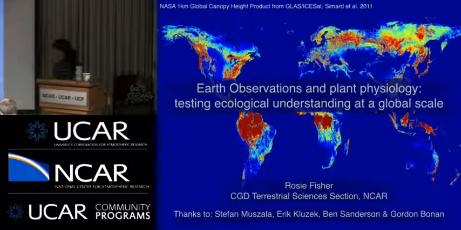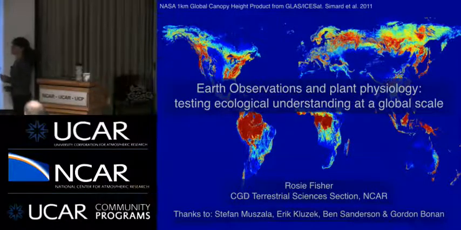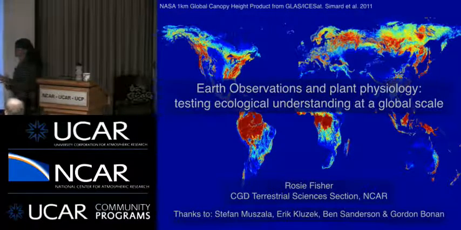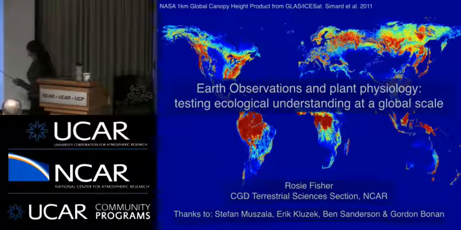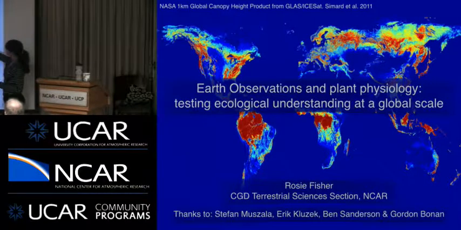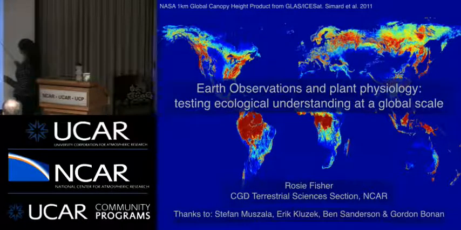First of all, I put this figure up because it doesn't have any part to play in the science that I'm going to show you, but I think it's very captivating. This is the 1 kilometer global canopy height product from NASA from the ICESat campaign, and I find it quite beautiful, and very compelling that all over the planet you see these ribbons of forest, the red ribbons here, in these quite small geographical areas.